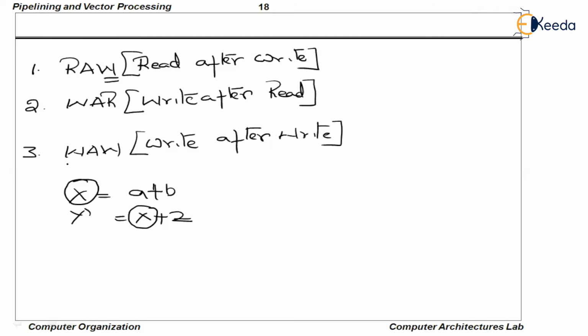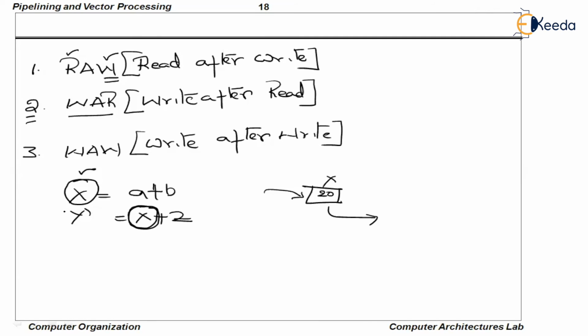So here, the x value will be written by the first instruction, and then the x value will be read by the second instruction. The first instruction produces x, whatever the value, and the second instruction will read it. So this order must be followed. First, writing should be performed, followed by reading. Read after write.